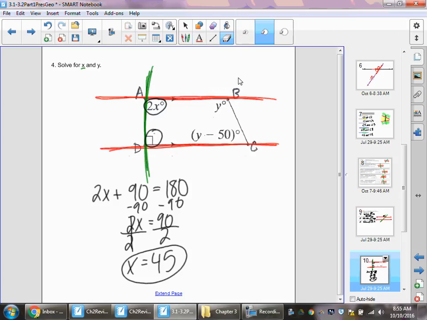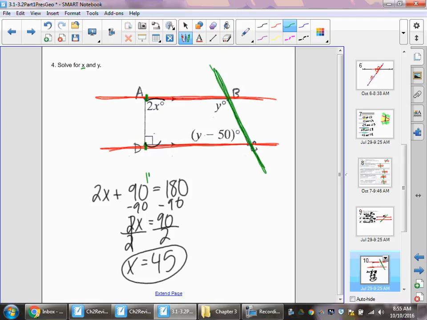Now for y, I'm going to figure out what relationship it has using this transversal. Well, this looks like the same problem. I have two angles, both on the interior of the red lines and on the same side of the transversal. So my setup is going to be very similar.